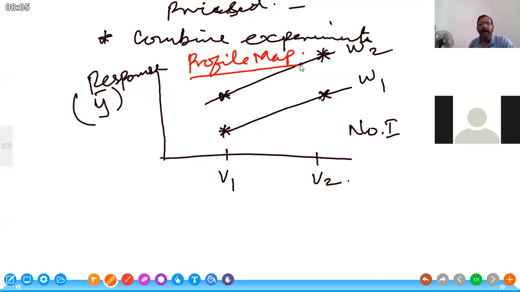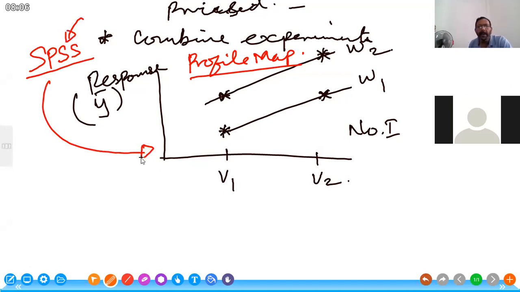Actually, have you all started learning a little on SPSS? Have you started learning on SPSS? Yes, sir. So here in SPSS, we can request this kind of map. This is called a profile map. SPSS is a menu-driven software, so you can simply request it to give the profile map. You have to specify the variables or the factors, then it will give it automatically.